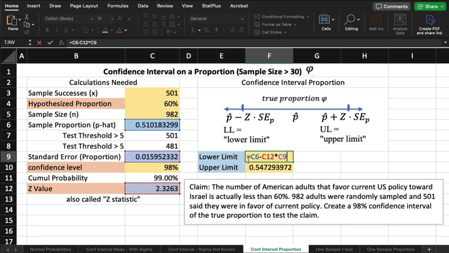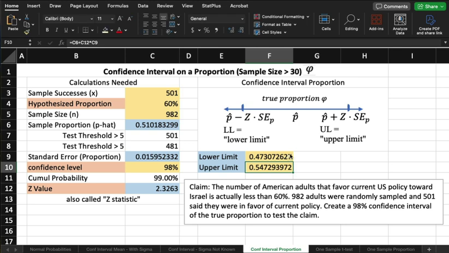So lower limit equals C6 minus C12 times C9. And again, those are the three cells that have our z value, our standard error, and our p hat. Okay? That's the lower limit. The upper limit then is going to equal C6 plus C12 times C9.